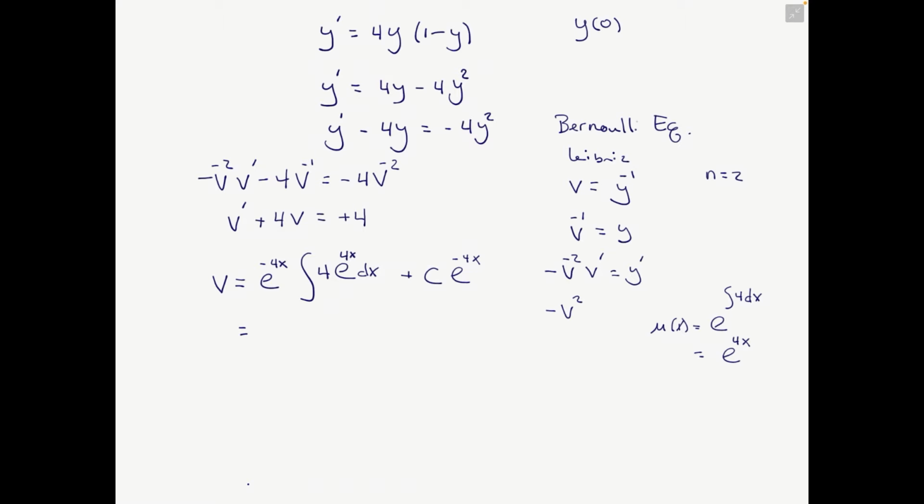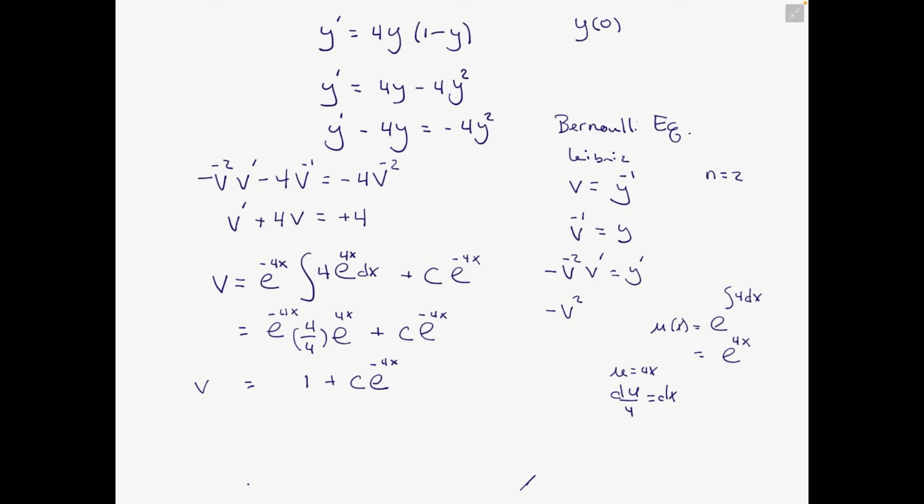So we have e to the minus 4x, and if we do a u substitution, u equals 4x, du equals 4 dx. So we have 4 on 4 e to the 4x plus c e to the minus 4x, and we have 1 plus c e to the minus 4x.